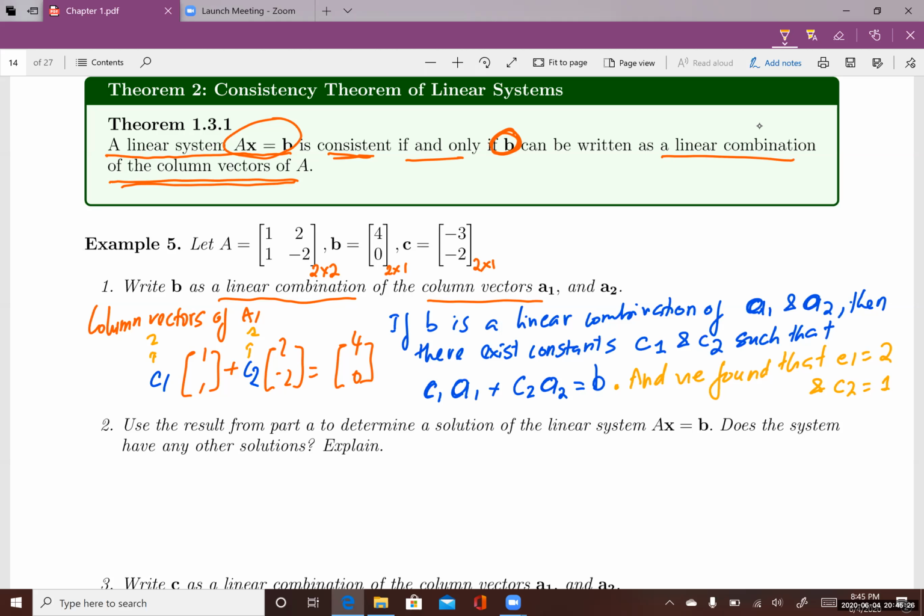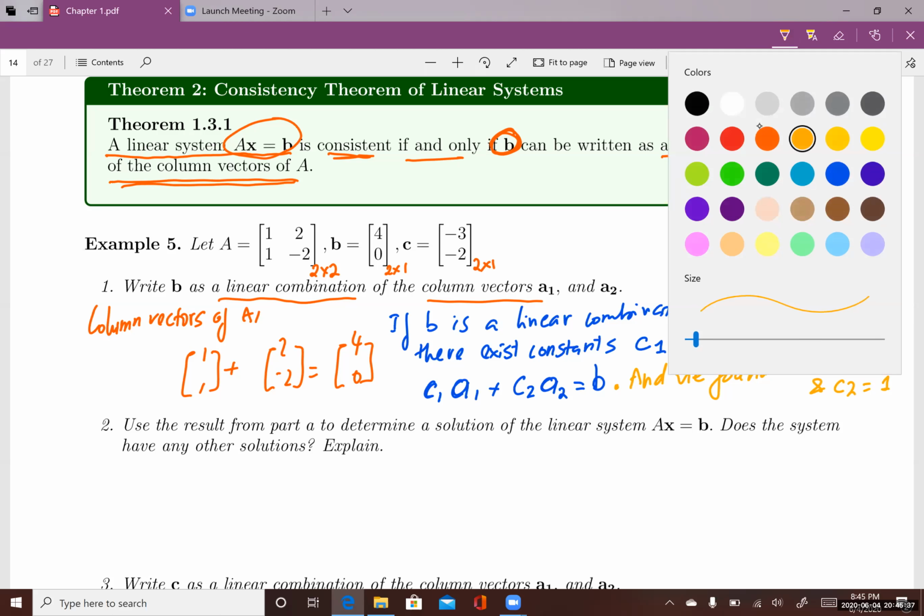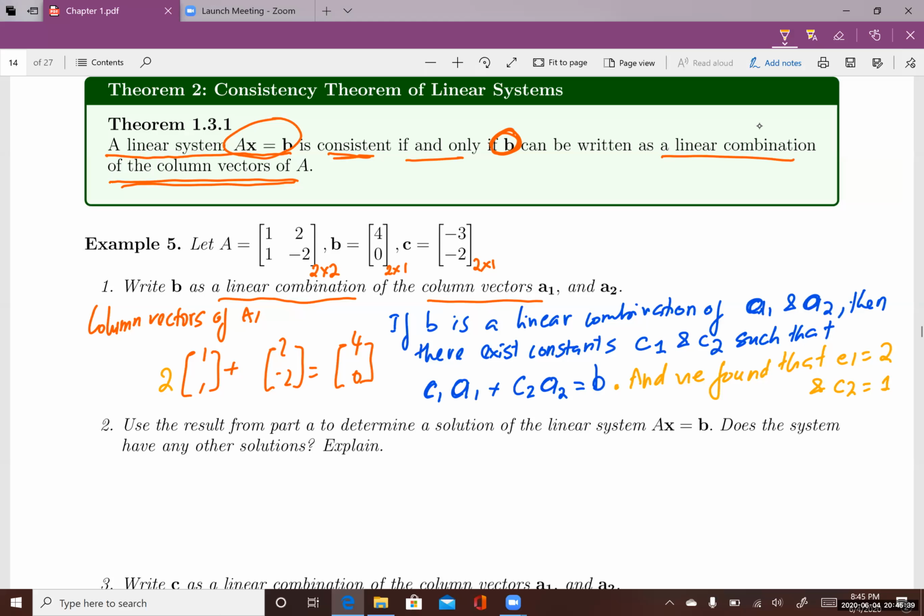Okay. Then if I replace these by 2 and 1, this would be the right equation, right?